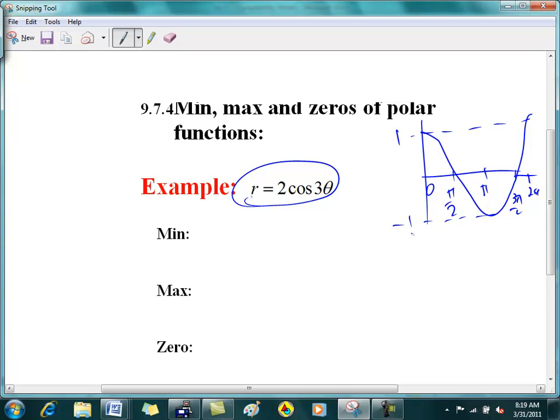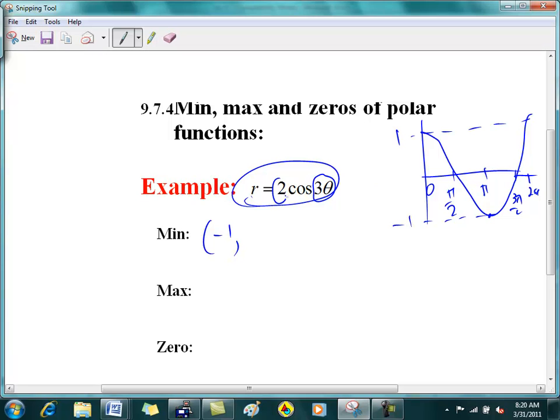Okay? So it's going to be a minimum when the angle is pi. Which means that, remember, this is your angle. Theta is not your angle. It's 3 theta. 3 times that. Okay? You guys with me on that? So your minimum is going to happen at r is -2, my bad. Do you see why it's -2?